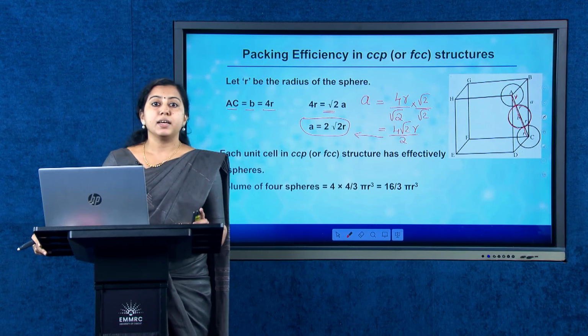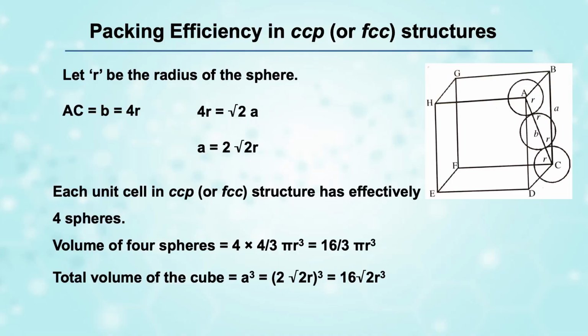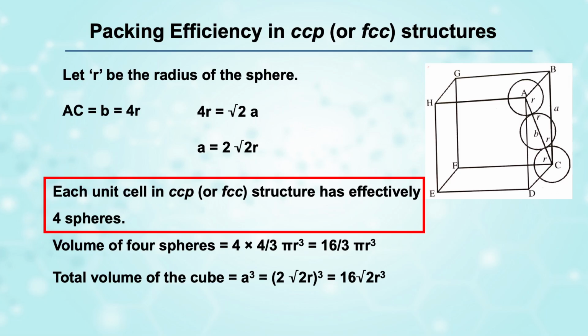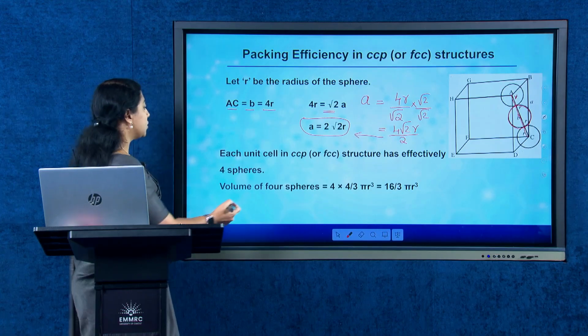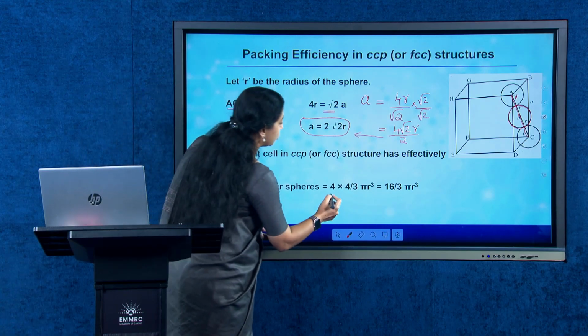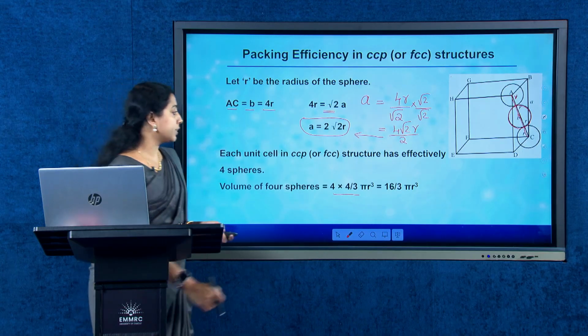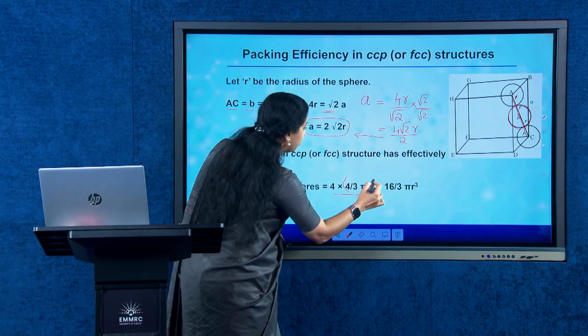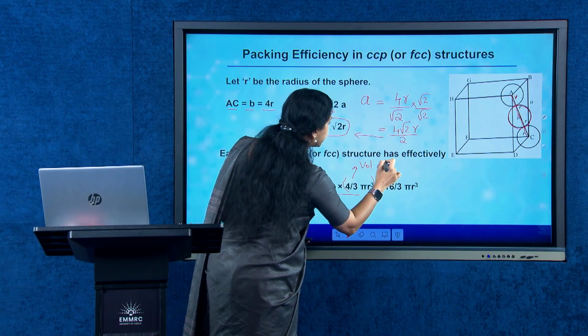We know that in a CCP or FCC structure, each unit cell has effectively 4 spheres, or we may say there will be 4 atoms per unit cell. So, what will be the volume of these 4 spheres?